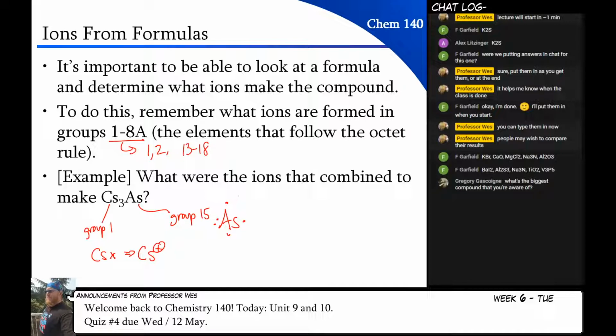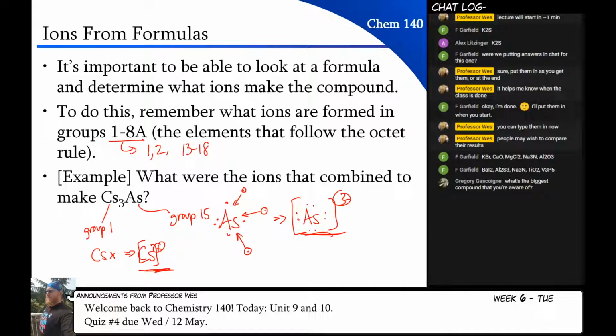We'll give it 3 more. So that it becomes arsenic 3 minus. I forgot my brackets over here, but that's okay. So those would be the ions that form from this compound. Would be cesium with a plus and arsenic with a 3 minus.